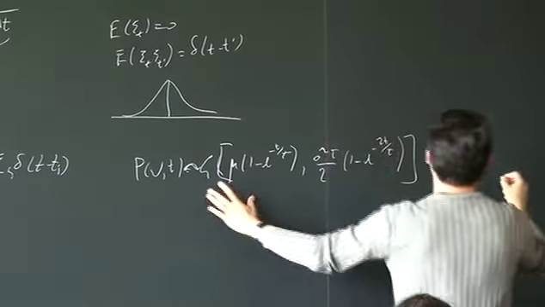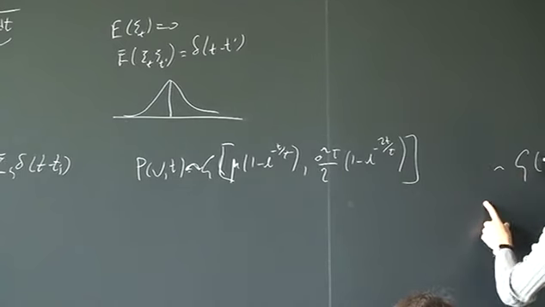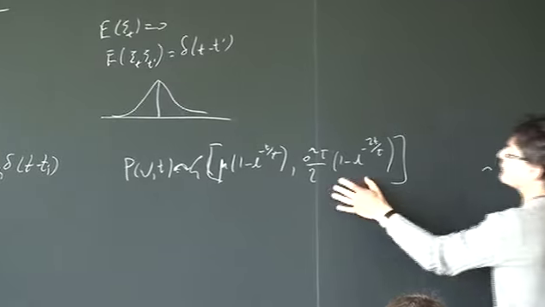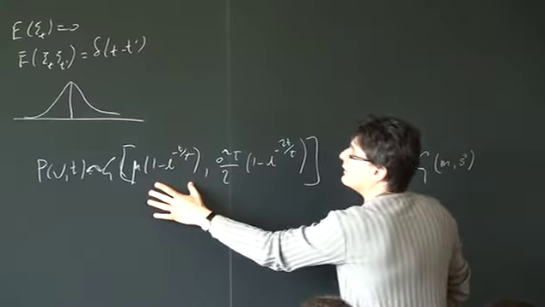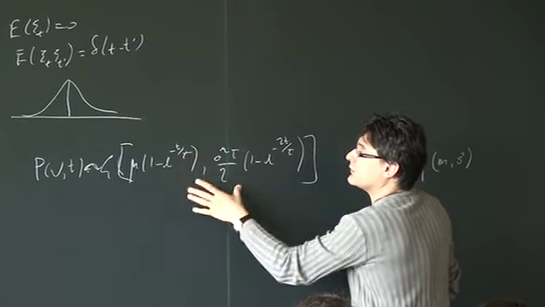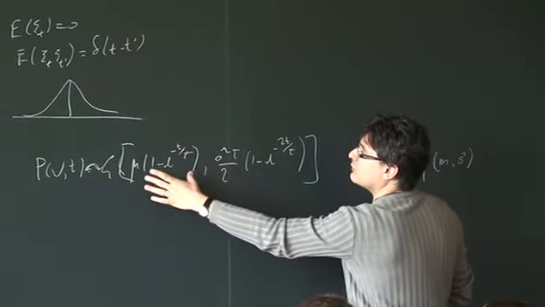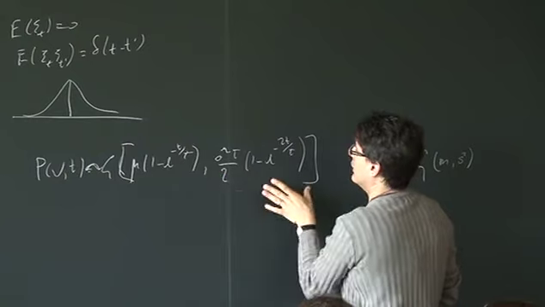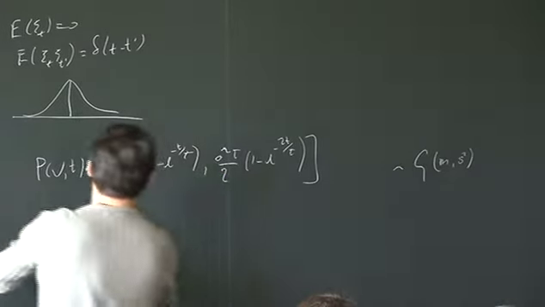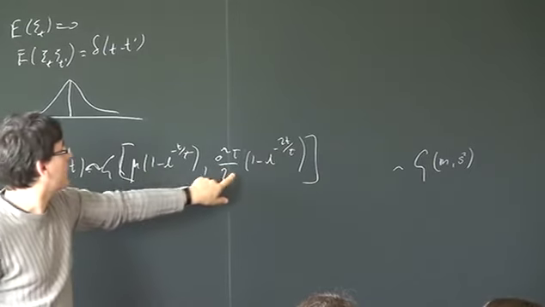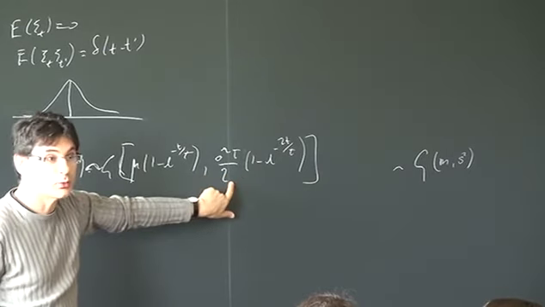I've used this notation here, Gaussian of mean m and variance s squared. So this is the mean, this is the variance. After a long time, this process will converge to a stationary distribution of mean mu and variance sigma squared tau divided by 2.